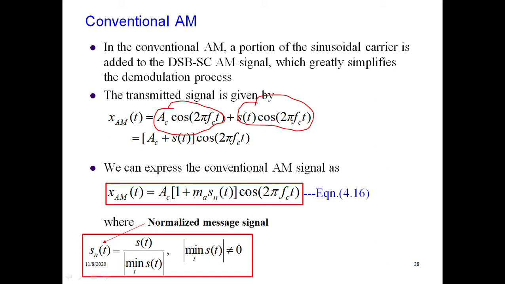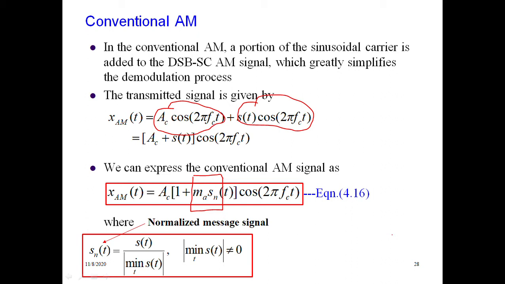But in detail, they want to differentiate the level of modulation by multiplying ma with the message signal, or the original information.